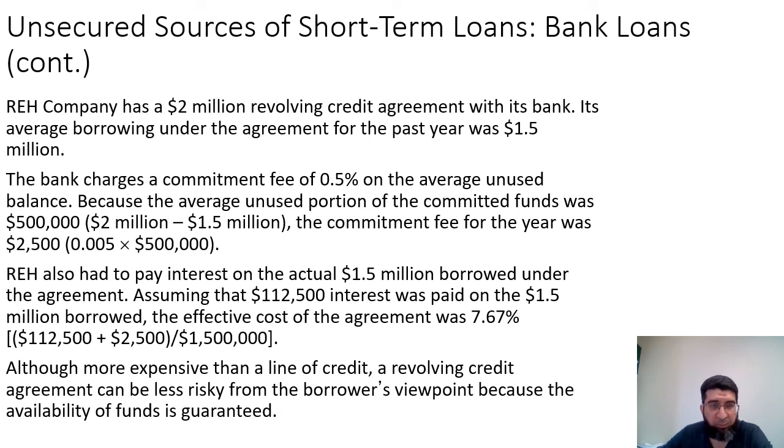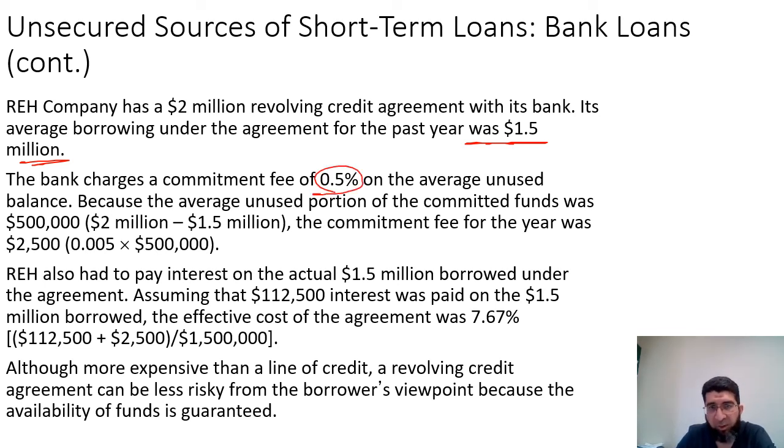So let's look at an example. REH Company has a $2 million revolving credit agreement with its bank. Its average borrowing under the agreement for the past year was $1.5 million. The bank charges a commitment fee of 0.5% on the average unused balance.